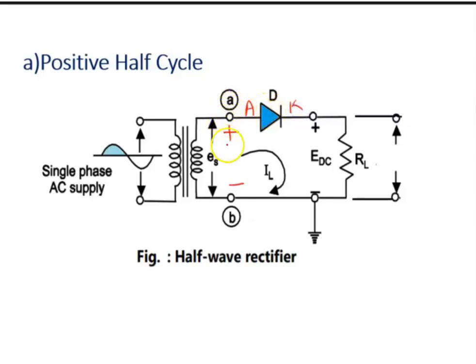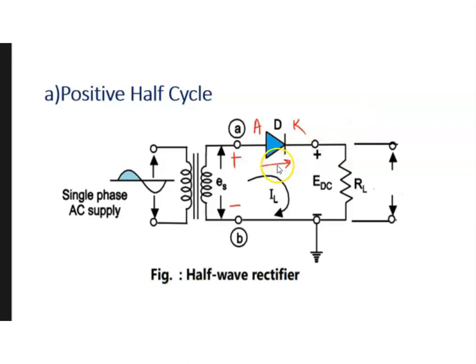So the anode is connected to the positive and the cathode is connected to the negative. That's why we can say the diode is forward biased. As it is forward biased, the current flows through the diode and then through the load resistance in a clockwise direction. So because of this load current, the load voltage is developed across the load resistance.